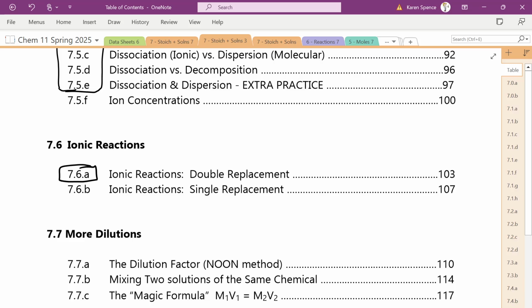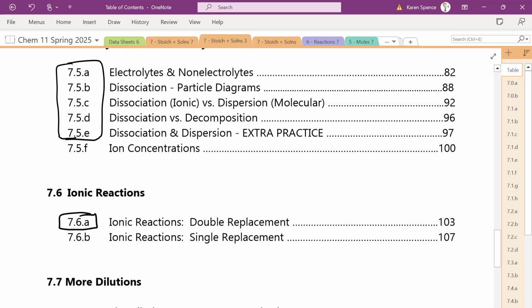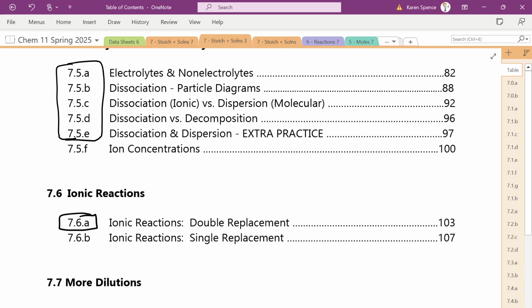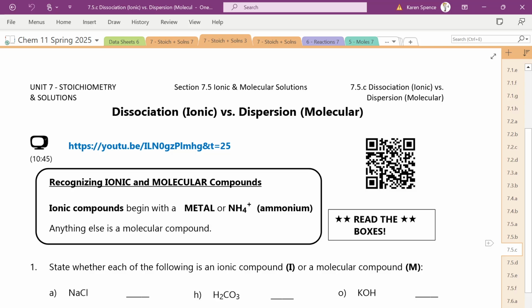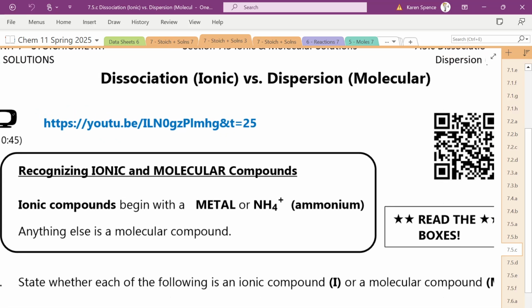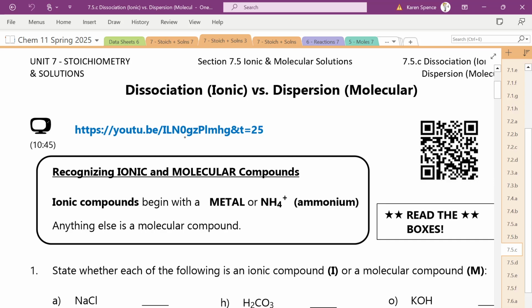All right. So today we are going to go to page 92, 7.5c. This is dissociation versus dispersion.